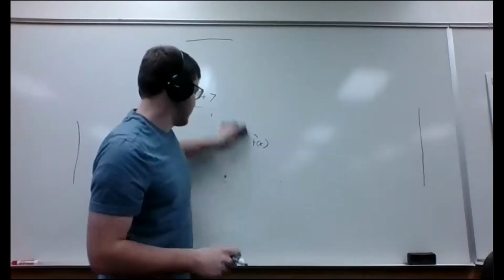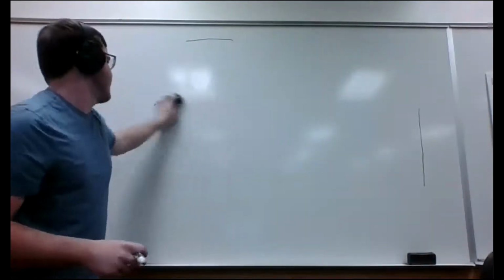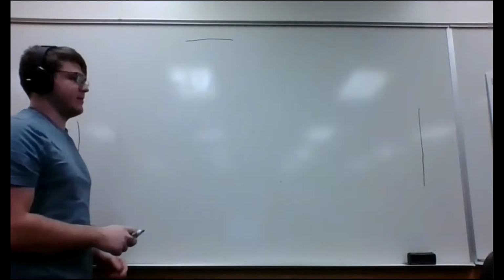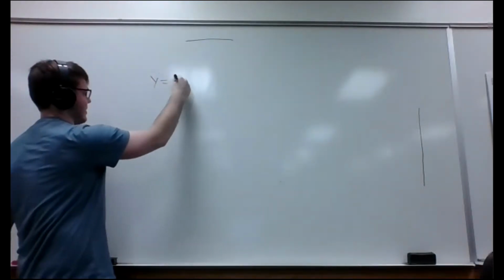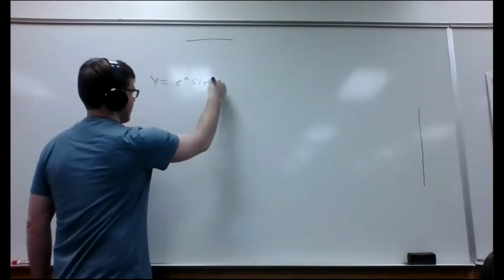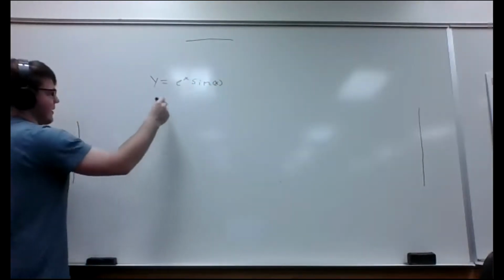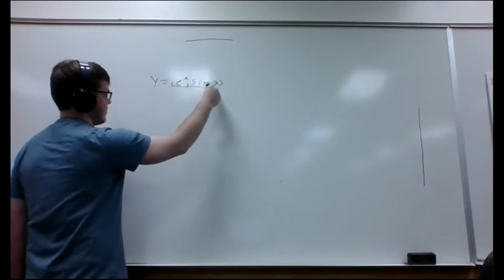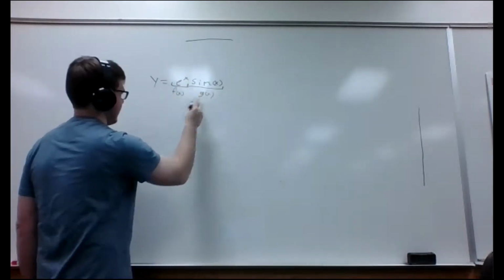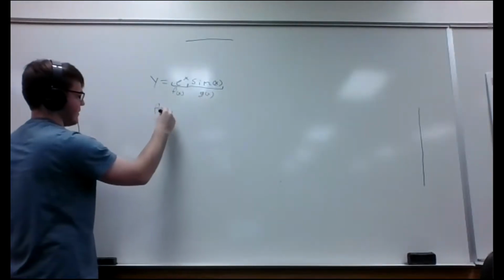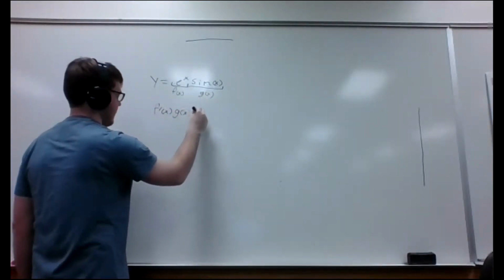So that's the quotient rule. And then the product rule. I did the product rule for this one. So if we had something like y equals e to the x times sine x, now this is the product rule, and we split this up into 2 parts. We label them like this, right?